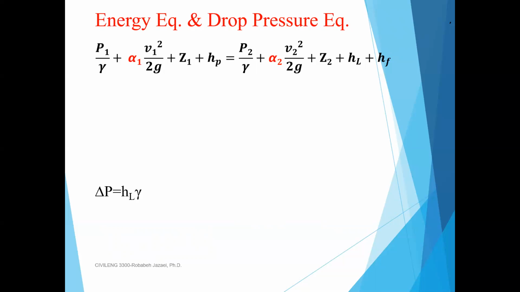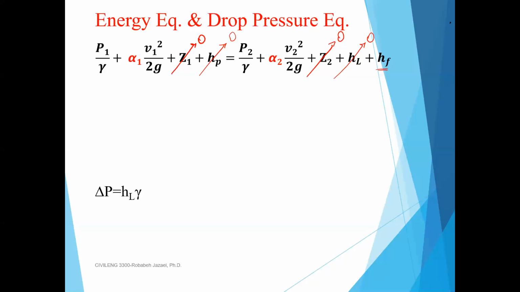For this one, they are in the same elevation, right? So if they are in the same elevation, Z1 is 0, Z2 is 0. The only head loss we have is due to friction factor. What else is 0? We don't have any pump.